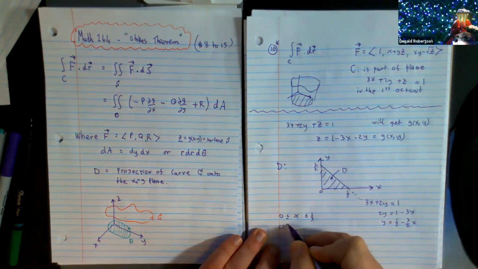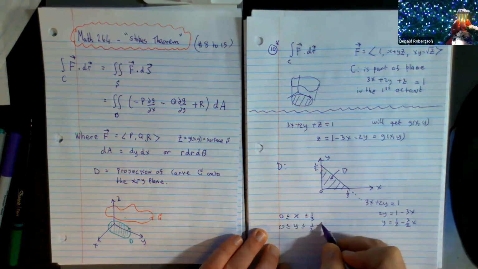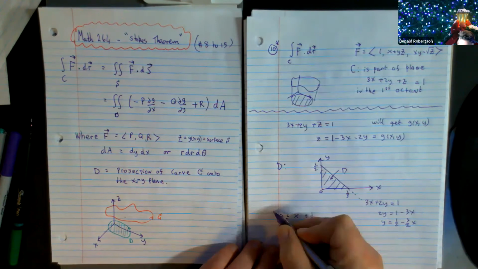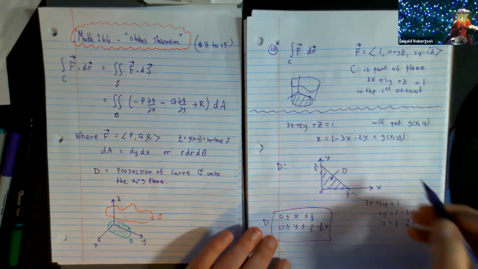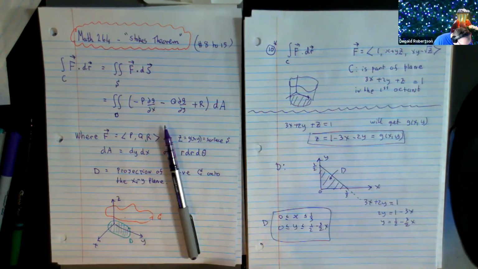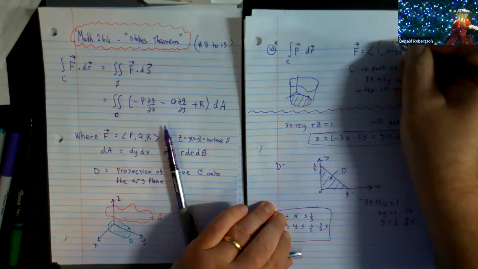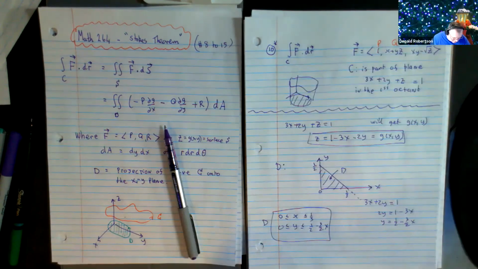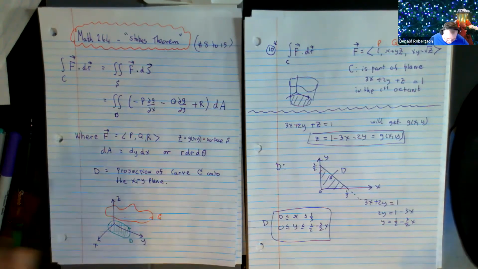And the y value is going to be from 0 to that guy. So there's D. Do we know G? Yep. We're always going to know P, Q, and R. Once you know those three things, you're ready to do the question, right? You're ready to answer it.